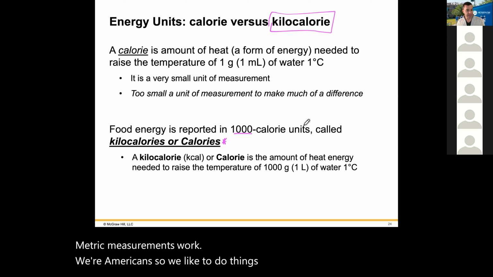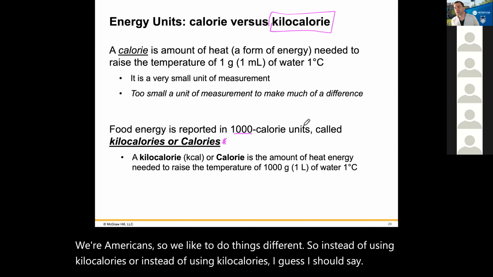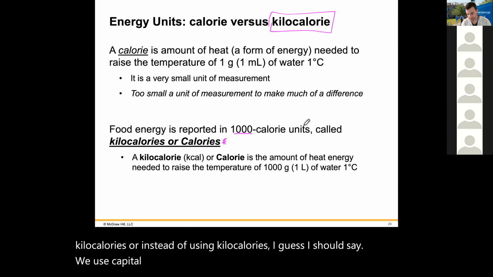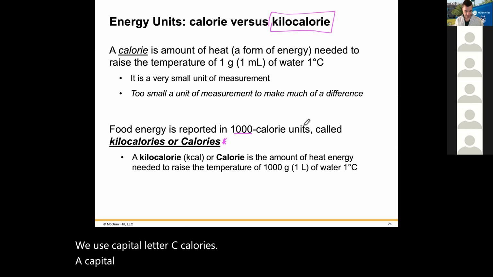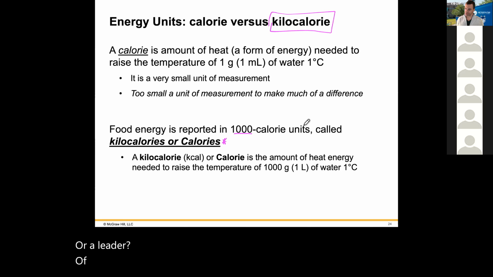So instead of using kilocalories, I guess I should say, we use capital letter C calories. A capital C calorie, or a kilocalorie, is the amount of heat energy needed to raise the temperature of 1,000 grams, or a liter, of water by 1 degree centigrade.